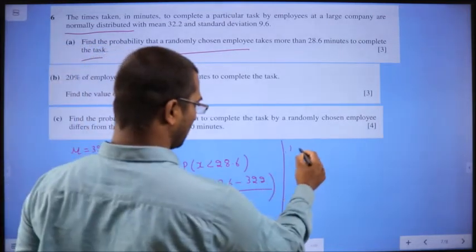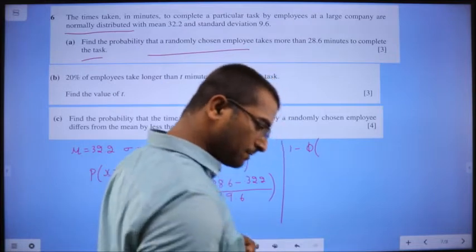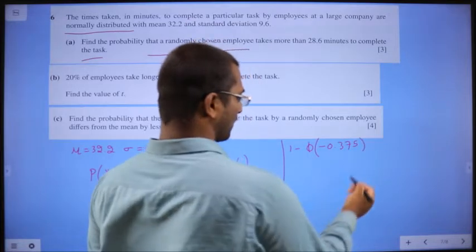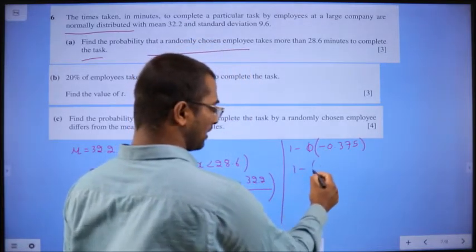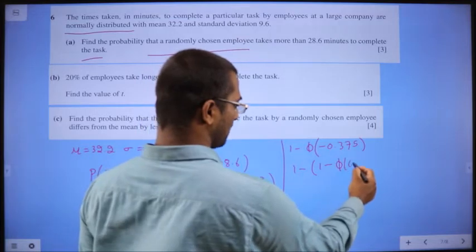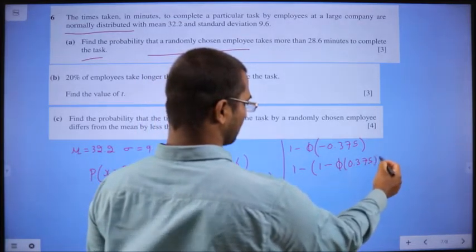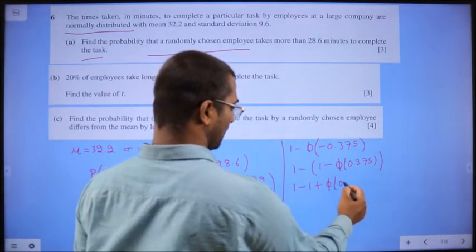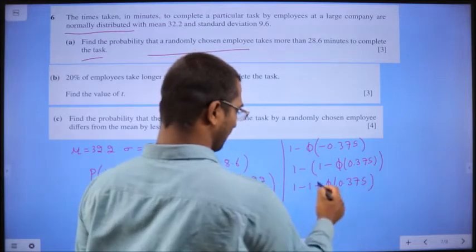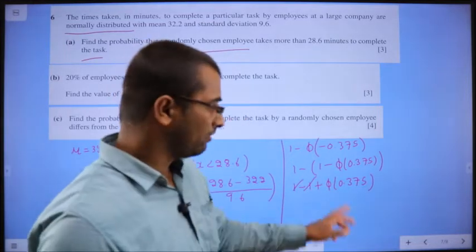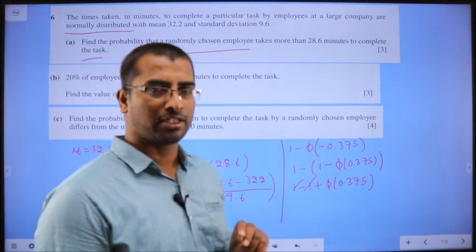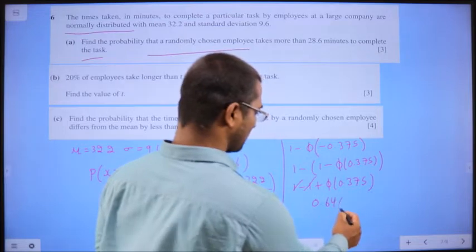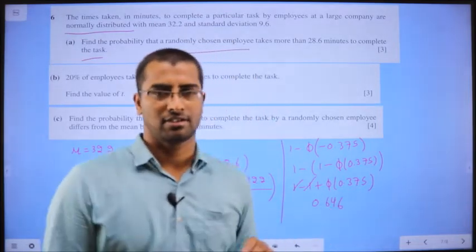You get 1 minus phi of minus 0.375. To get rid of this negative sign, we do 1 minus (1 minus phi of 0.375), so 1 minus 1 plus phi of 0.375. 1 gets cancelled. Phi of 0.375 from the normal distribution table you get to be 0.646. This is the answer.